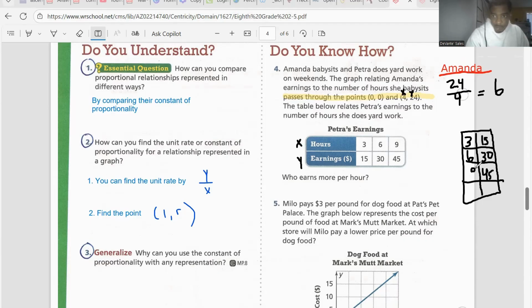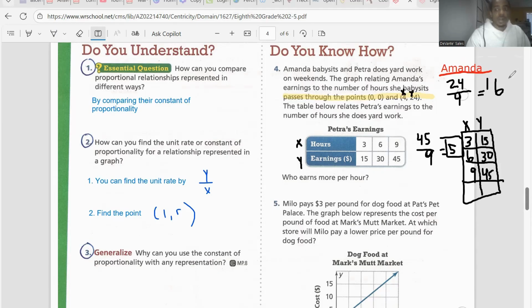So when it's horizontal, the numbers on the top are x, the numbers on the bottom are y. When it's vertical, the numbers on the left are x, the numbers on the right are y. Remember to find your unit rate, the constant of proportionality, divide 45 by 9, which is 5. So Petra earns about $5 per hour.